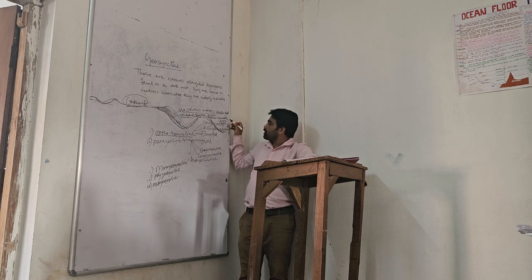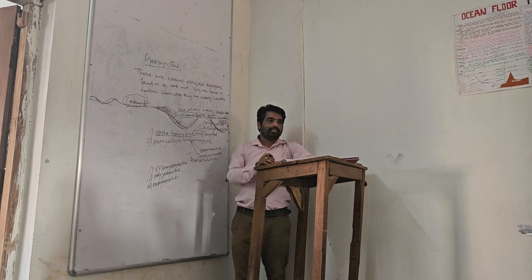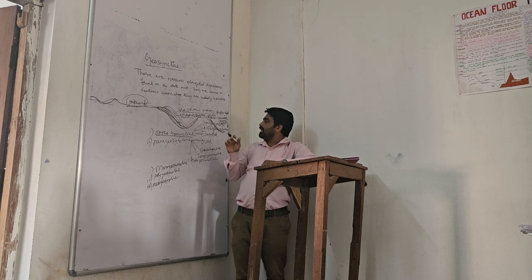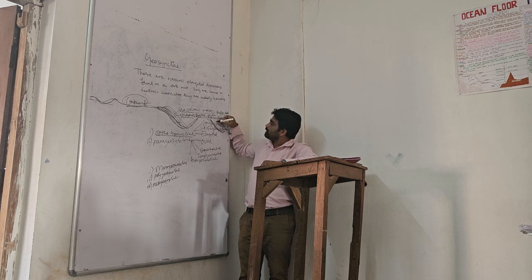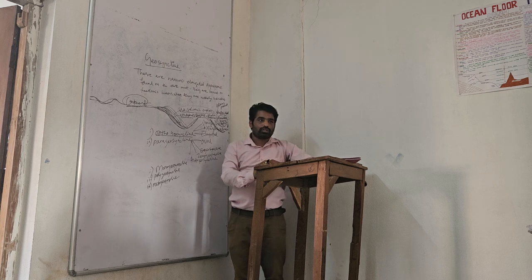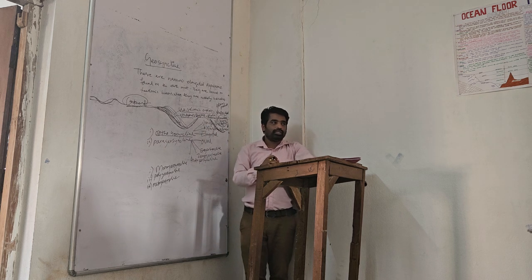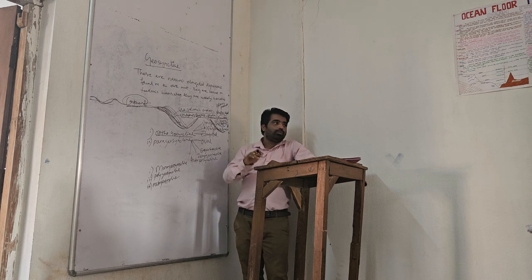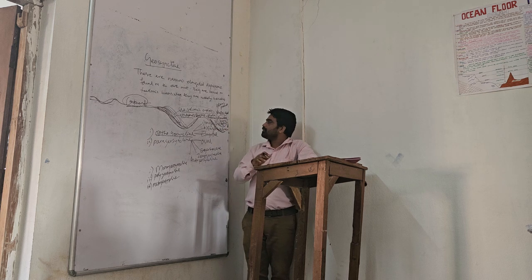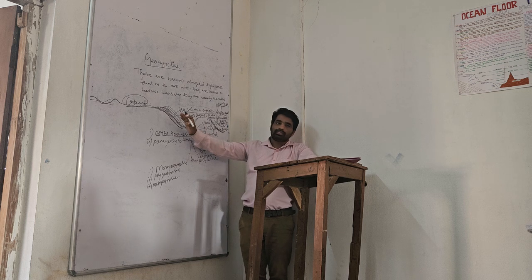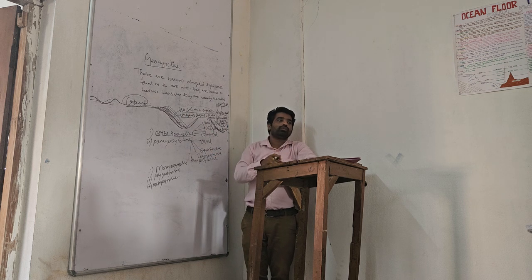And this characteristically contains volcanic products, different types of volcanic products. Here there is no volcanic product present; here different types of volcanic products are present. So this is away from the continental margin, and that one is at the border region of the continental margin.